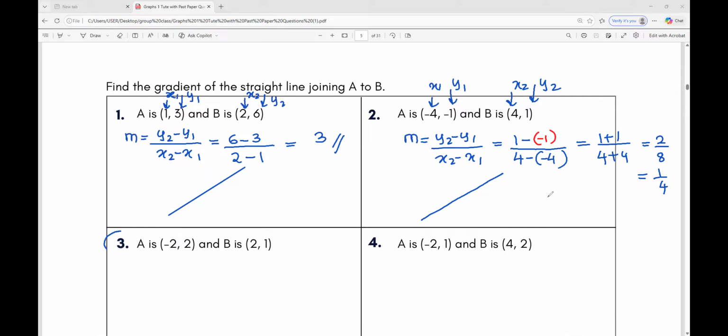Third and fourth, do it now. Find the gradients and imagine or just draw a rough sketch of the shape. If you get a positive one, the line is like this. Negative one, the line goes this way.